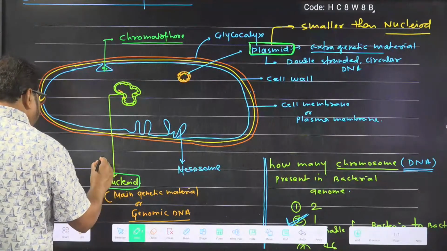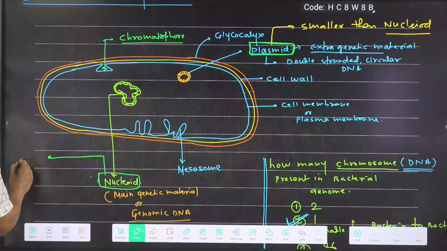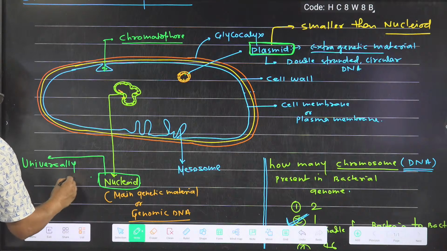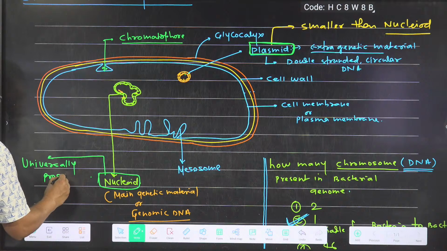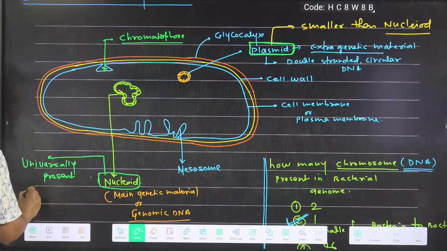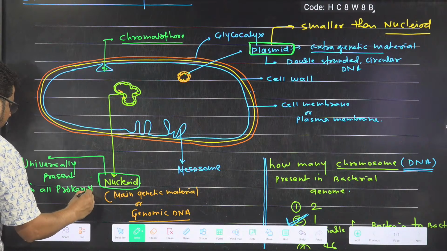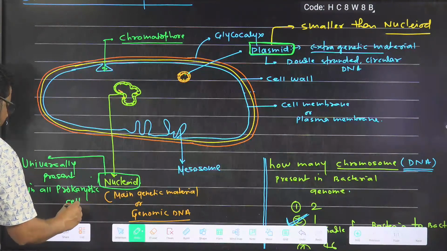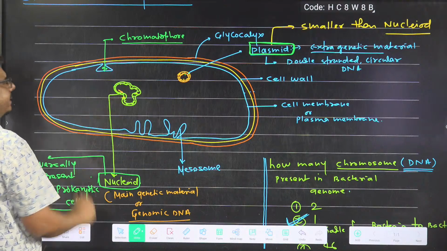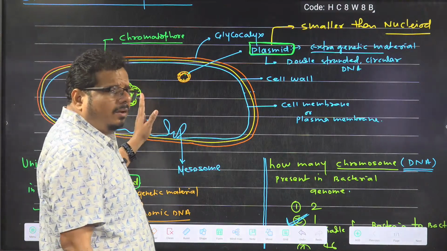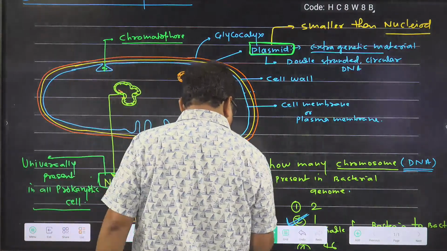So nucleoid is universally present in all prokaryotic cells, meaning there is no prokaryotic or bacterial cell that is an exception where the nucleoid is not present.